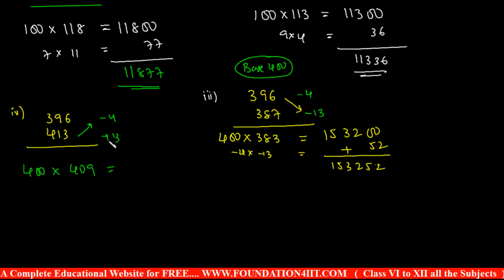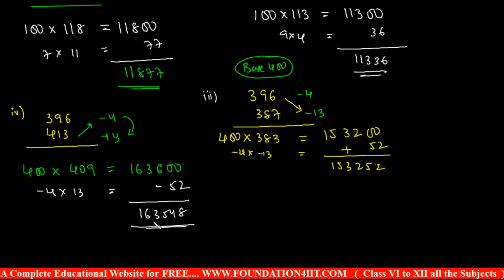Even 396 plus 13 gives the same, 409. 409 into 4 is 1636, single digit multiplication. You keep two zeros, and minus 4 into plus 13 we just multiply, that is minus 52. One is plus and one is minus, just multiply and write down. Because of subtracting, 1636 00 minus 52 gives 548. So 163,548 is the product.